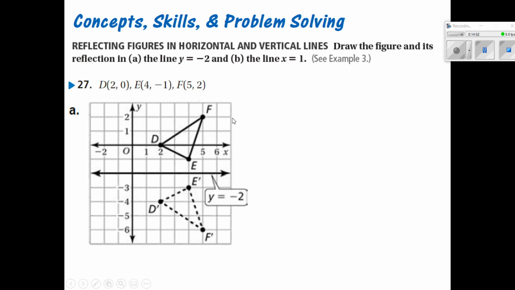Now, you might be saying, Mr. Mendez, you said that you went down here on the x because you said line y equals -2. So when we say line y equals -2, we're saying on the y-axis, we're going to go down 2. So on the x-axis here, we're going to go forward 1.